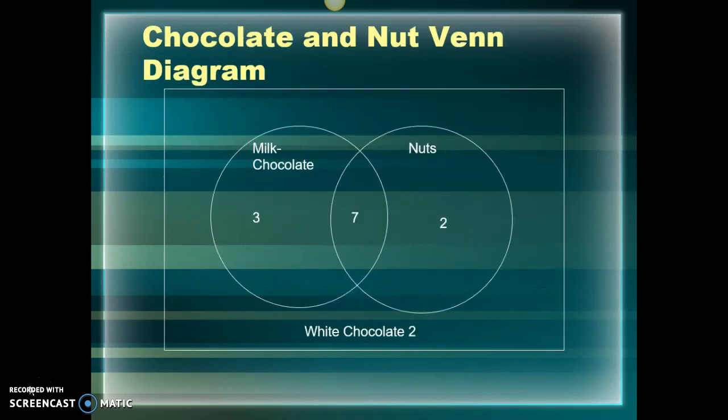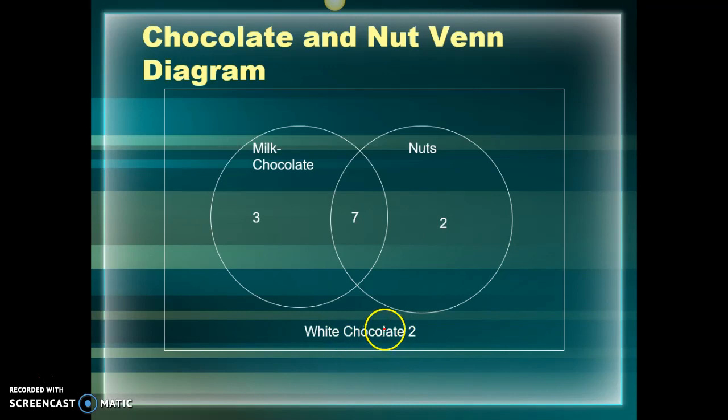So we're going to break this down in terms of a simple Venn diagram. In this circle is all the milk chocolate bars. In this circle is all the candies that contain nuts, and what's left is just plain old white chocolate bars, and these ones would not contain any nuts.